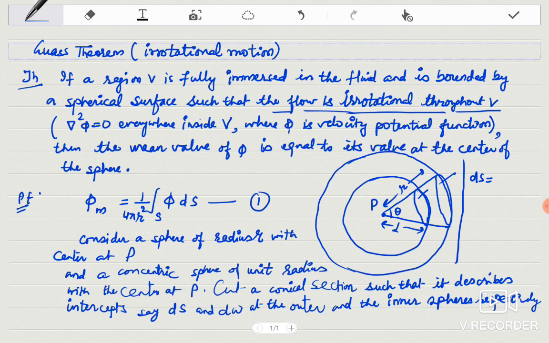By definition, dS will be r square d theta, and d omega will be unit square d theta. d theta is the angle made by the small intercept. From the two you get dS is equal to r square d omega. I may need this relation.